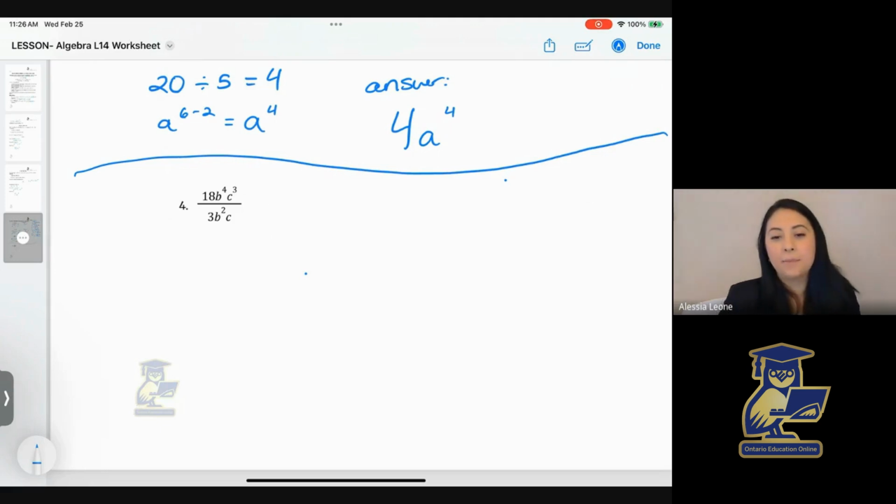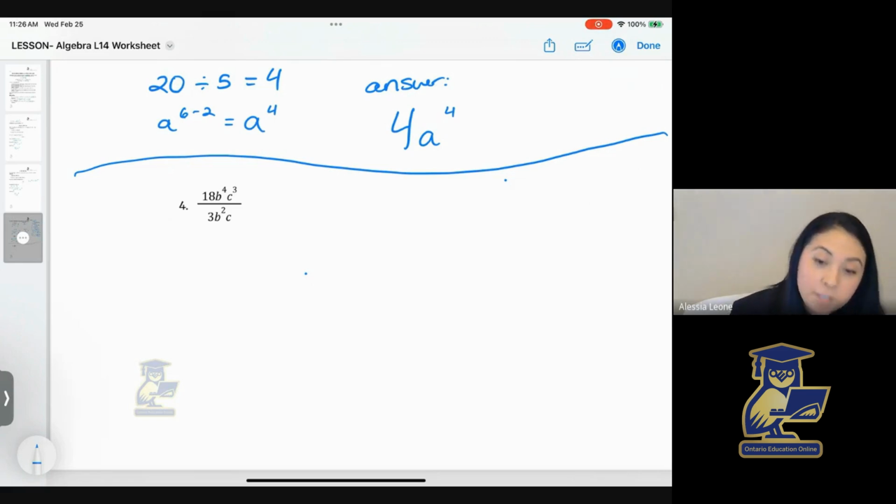I just want to make a line because this one has 2 letters. So each letter has an exponent. We are going to follow the same rules. Just because there is more, it doesn't change the rules. So I'm going to rewrite this just to give us another visual.